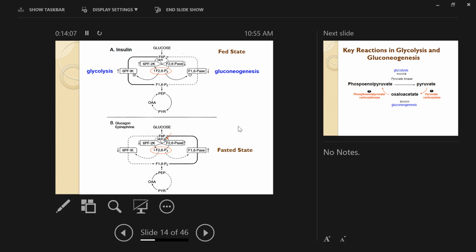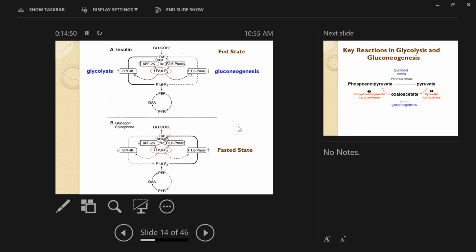And we just learned from the last slide that increased insulin levels will regulate one of the bifunctional enzymes, and lead to an increase in this intermediate, fructose 2,6-bisphosphate. And this intermediate basically regulates the two key enzymes in glycolysis, which is the left side, and gluconeogenesis, the right side, right? These are the two key enzymes in the two different metabolic pathways, right?